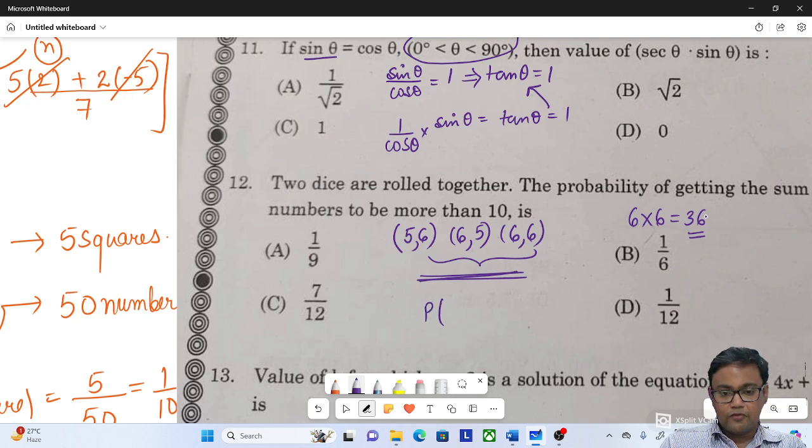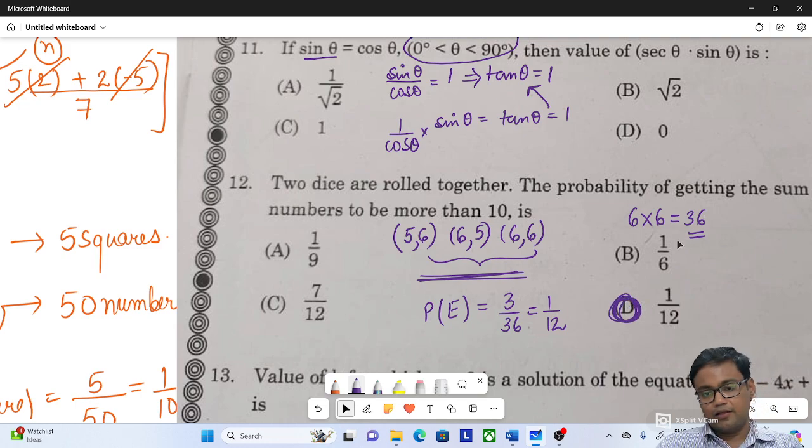So, the probability is 3 by 36, that is 1 over 12. So, wherever you can say 1 over 12, you have to quickly mark the answer.